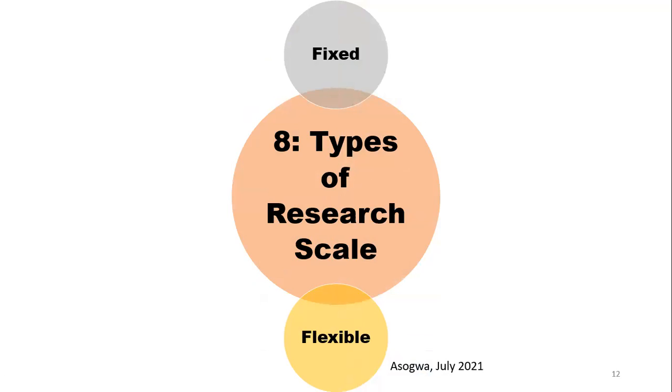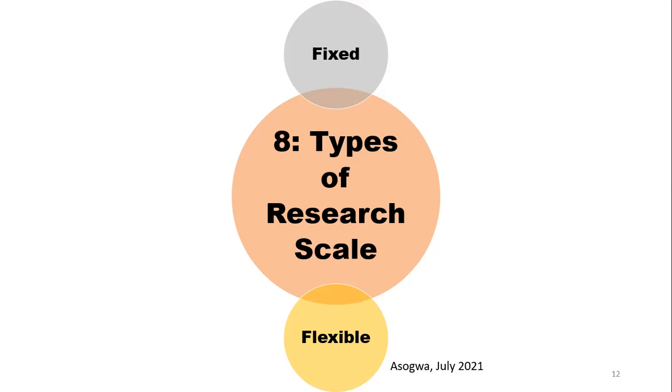The last here is the type of research scale. Based on the scale, we have the fixed and the flexible. There are research that are already fixed. Take for instance, when you are conducting research based on human beings.